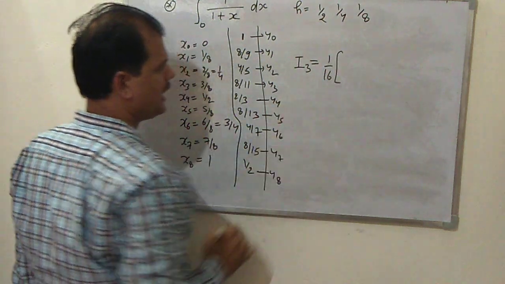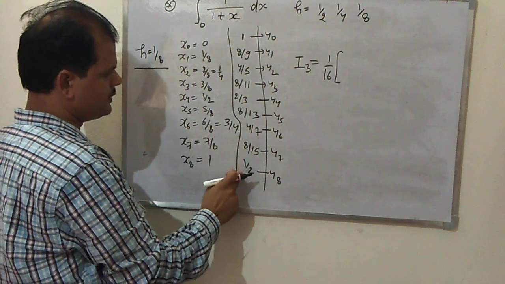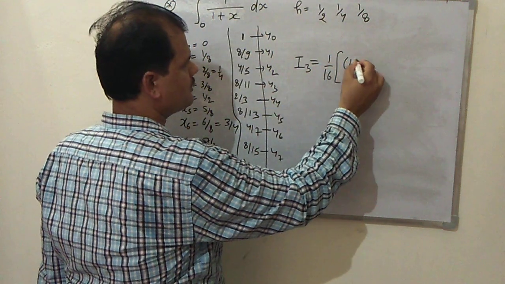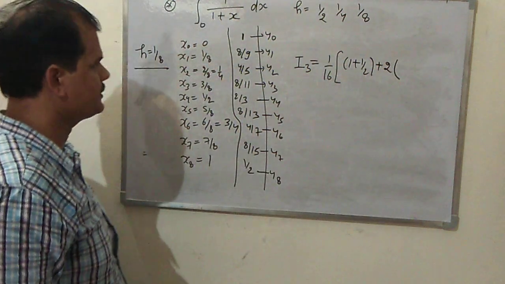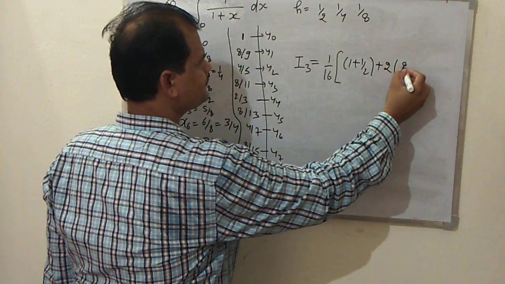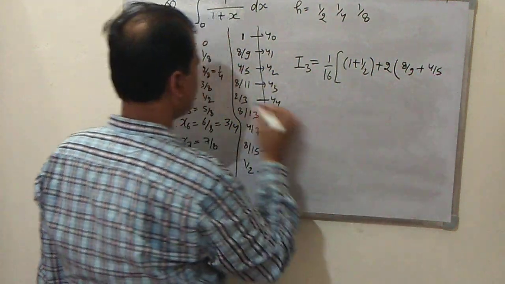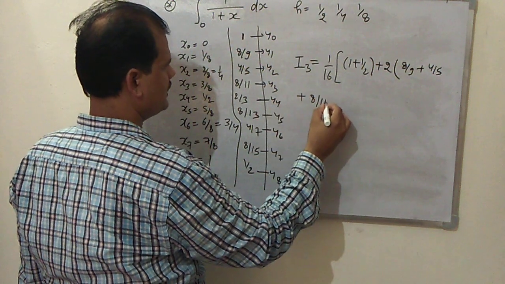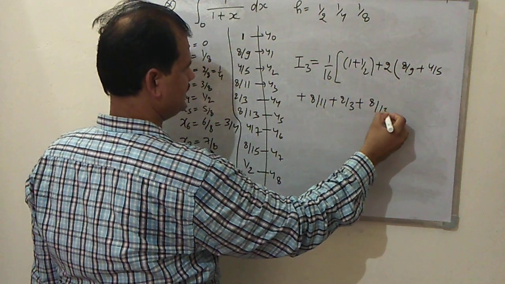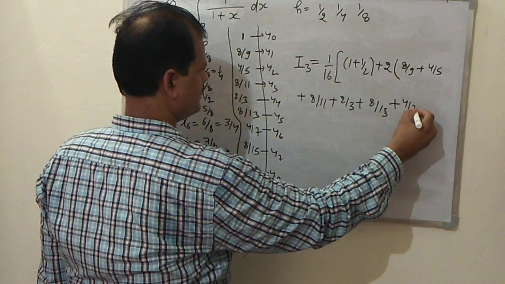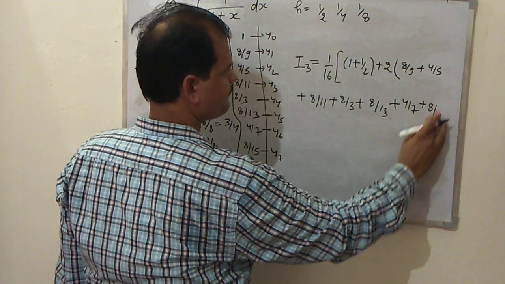And the sum of the first and last terms: the first term is 1, the last term is 1 by 2, so we have 1 plus 1 by 2, and 2 into the remaining terms. The remaining terms are 8 by 9 plus 4 by 5 plus 8 by 11, 2 by 3, 8 by 13 plus 4 by 7 plus 8 by 15.